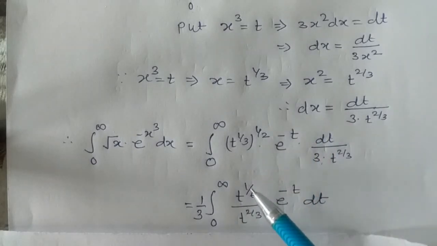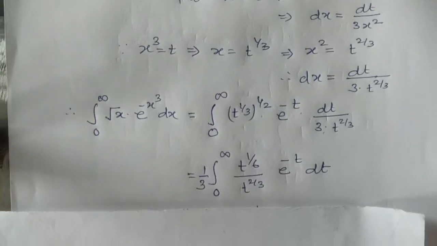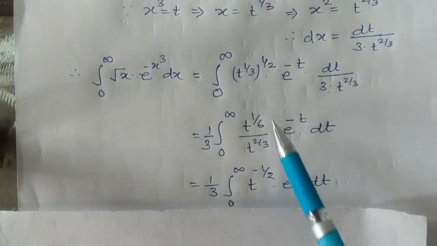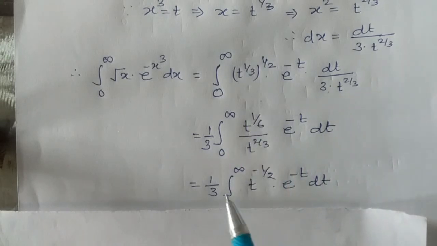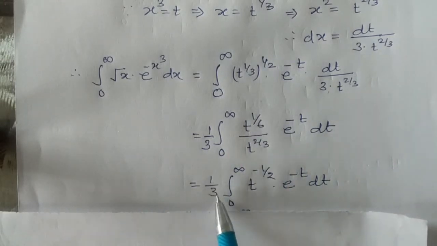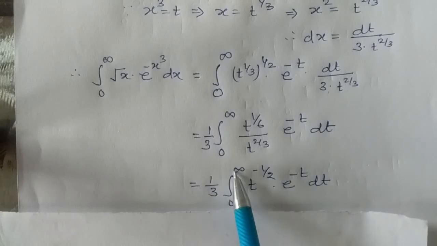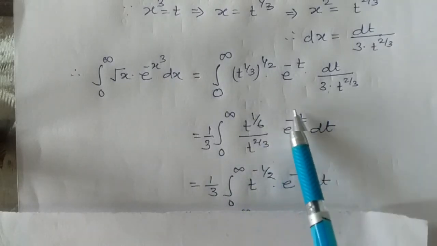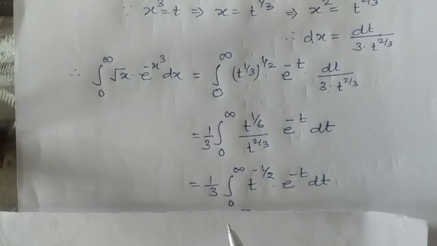Now t power 1/6 upon t power 2/3 gives t power 1/6 minus 2/3, which is equal to t power negative half. So after simplification this gives 1 by 3 into the integral from 0 to infinity of t power negative half into e raised to minus t dt.